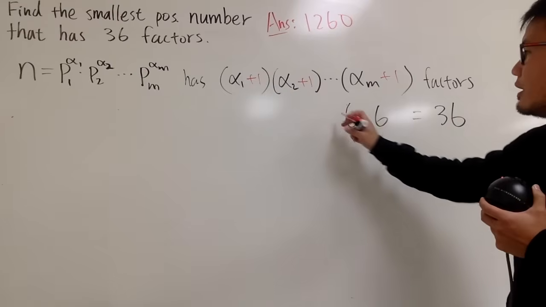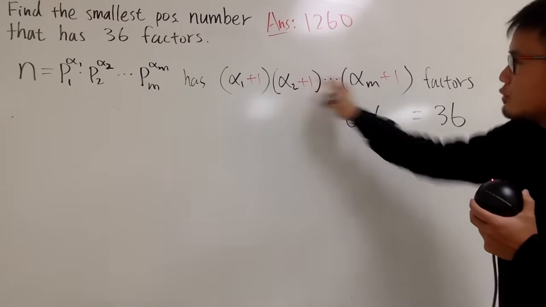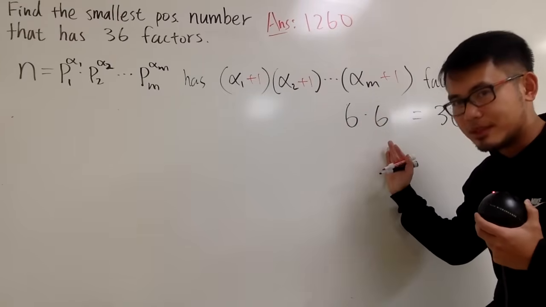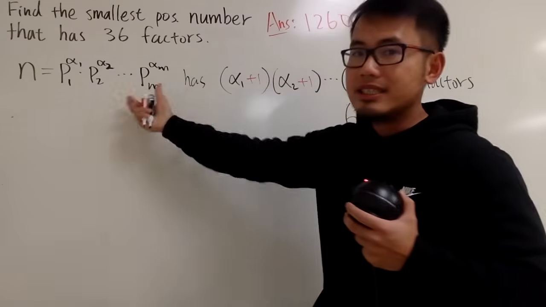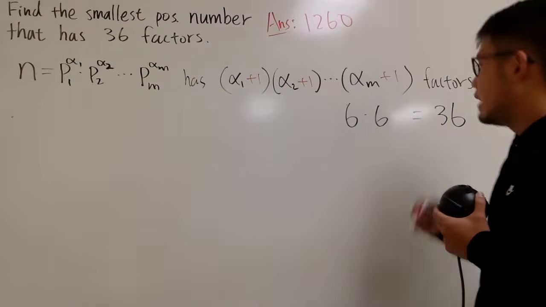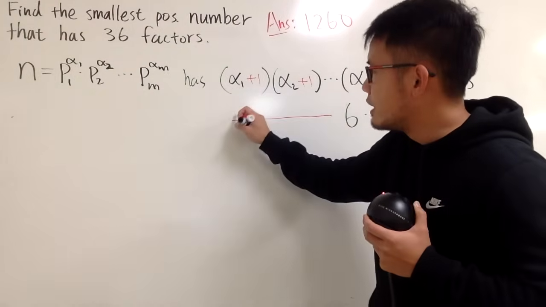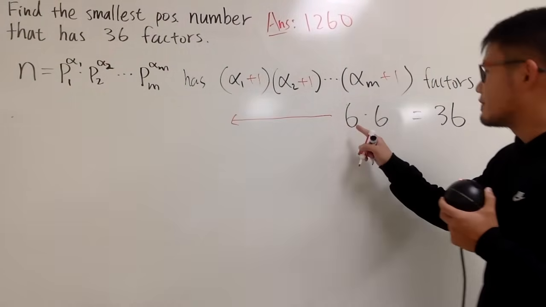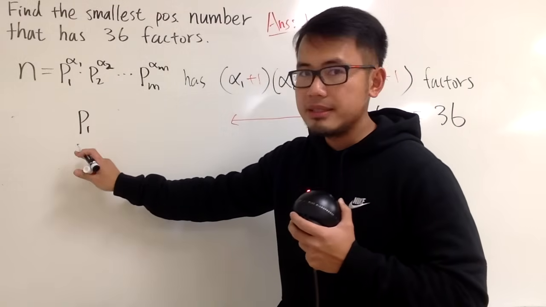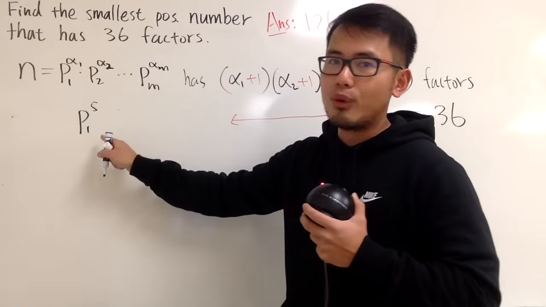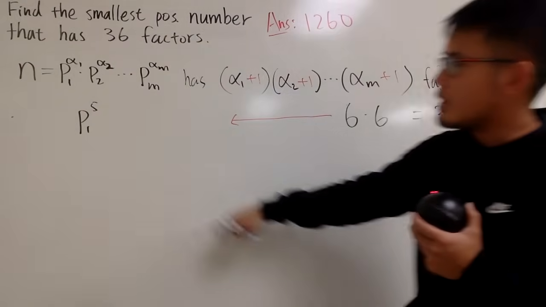Remember, these factors do not have to be primes. Only the p1, p2, these numbers have to be primes. Anyway, last time, when we have 6 right here, it tells us that we have p1 for the base, and then to the 5th power. You just do 6 minus 1, you get 5.